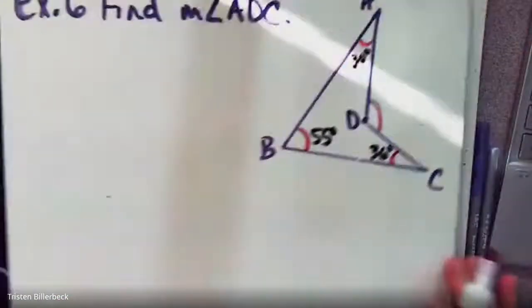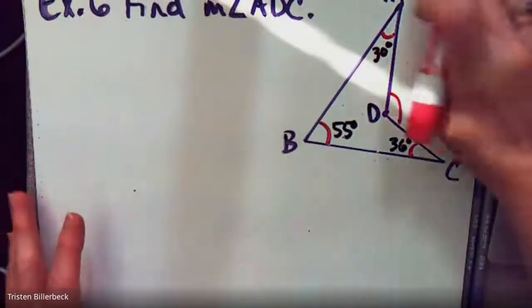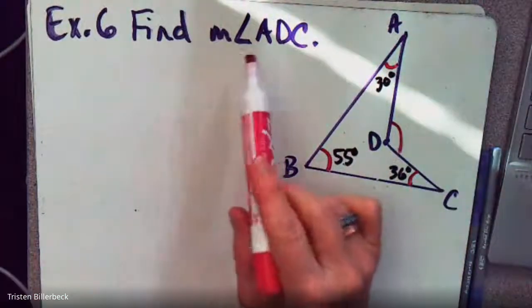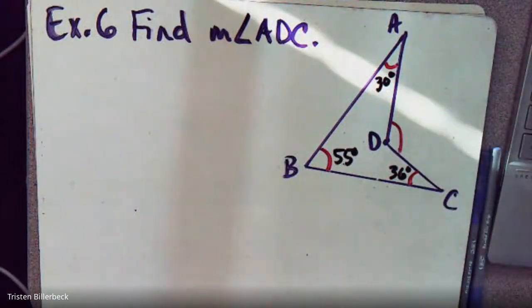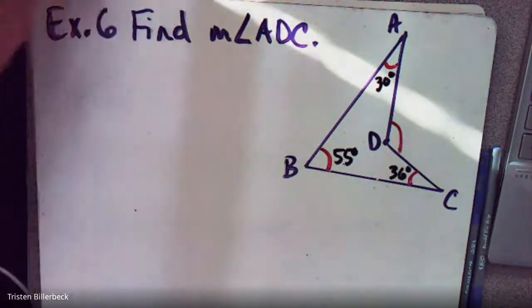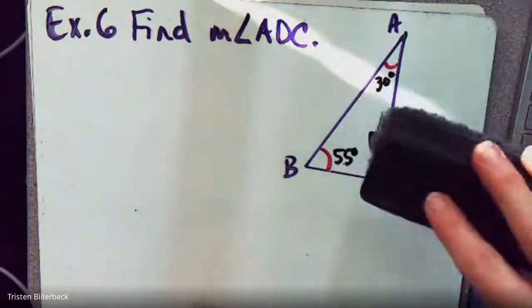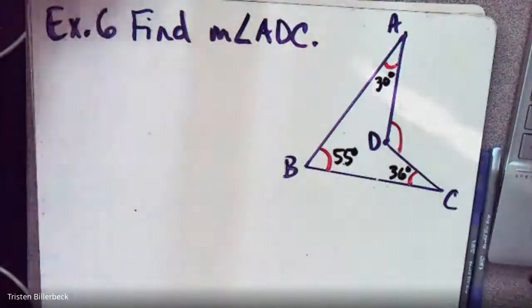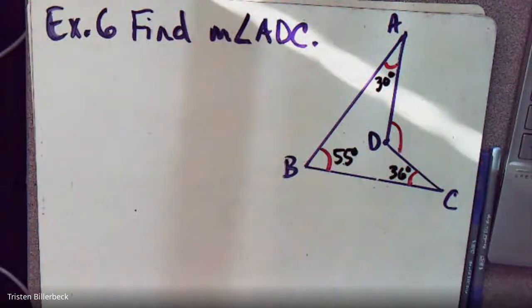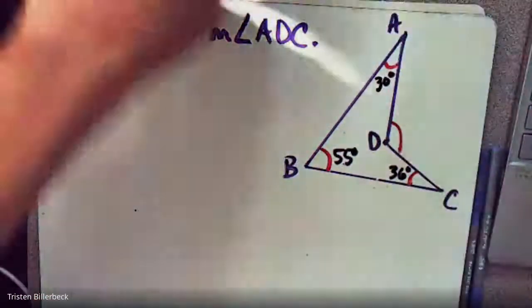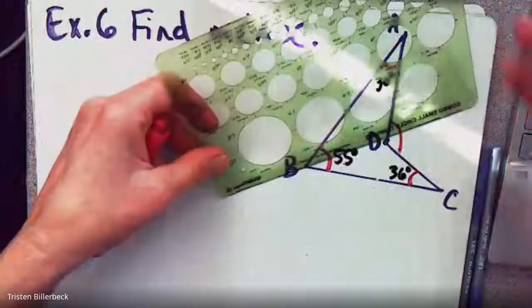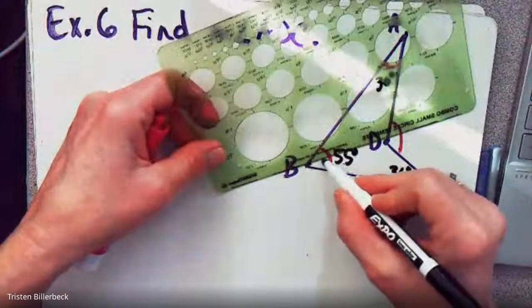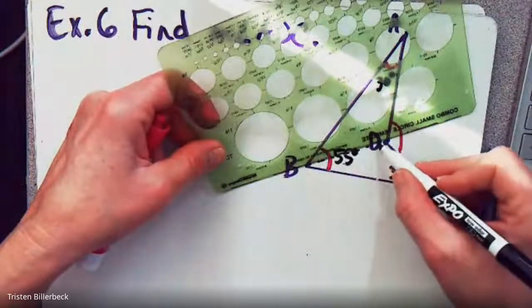Last example. We want to find the measure of angle ADC. We can do two exterior angles. We'll project that we're going to cut this in half and make two different triangles.